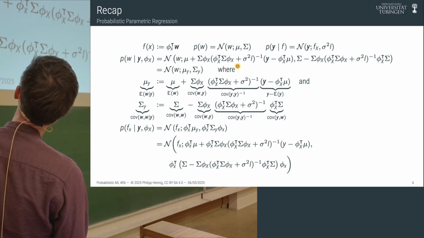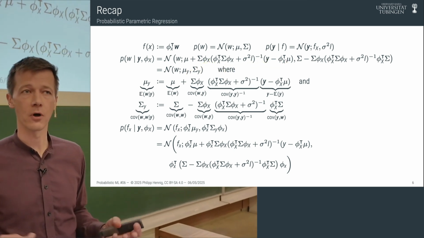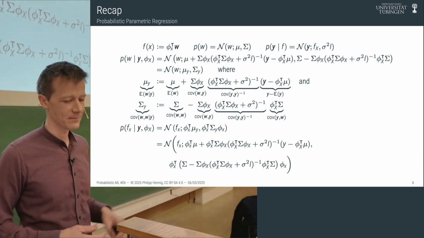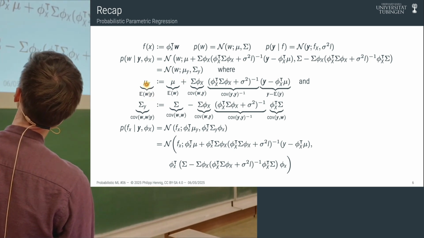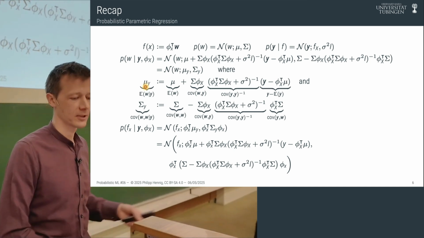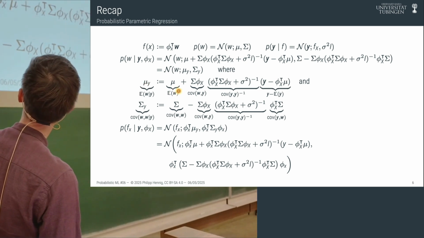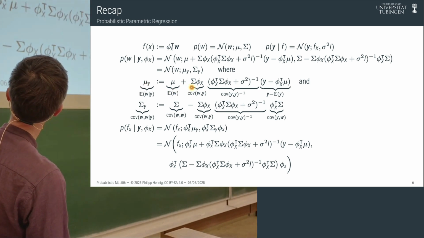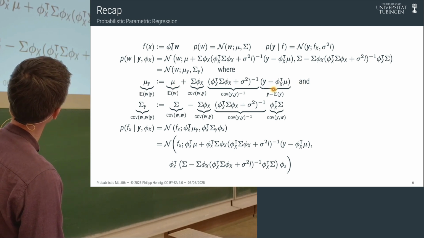And those new parameters come at us in these sort of ugly expressions that we've now been staring at for so long that we maybe don't find them so ugly anymore. What we see here is that the posterior mean, this new updated point estimate for what the parameters of our function may be, is the old estimate before we saw the data, plus a correction term, which is best read from right to left.